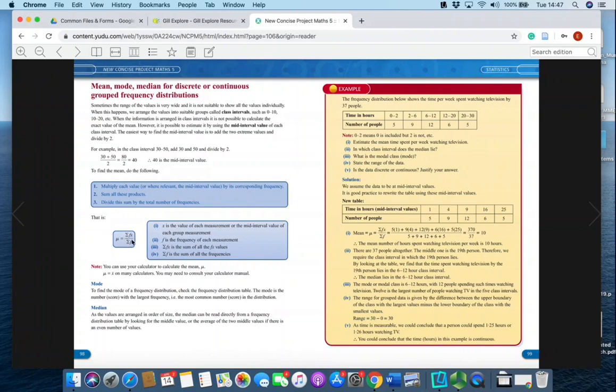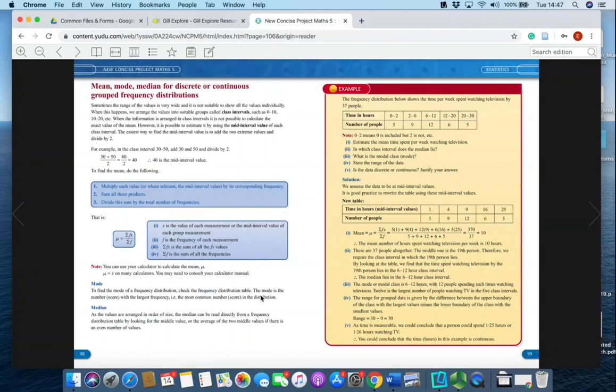Instead of being sum of x over n, it's sum of fx over sum of f. x is the value of each measurement, or the mid-interval value. f is the frequency of each measurement. So sum of fx is the sum of all the frequencies multiplied by each x value, and sum of f is the sum of all the frequencies. You can use your calculator to calculate the value of the mean, mu.